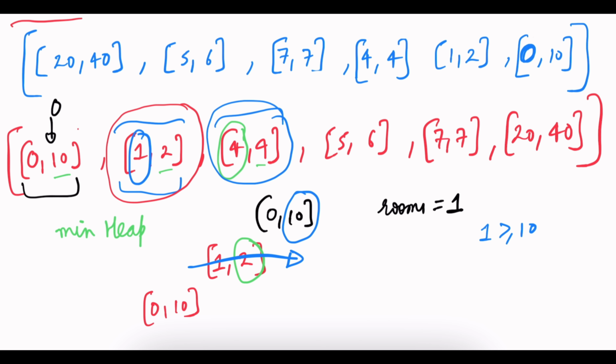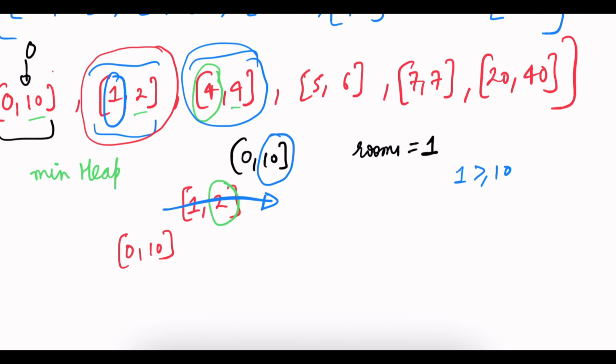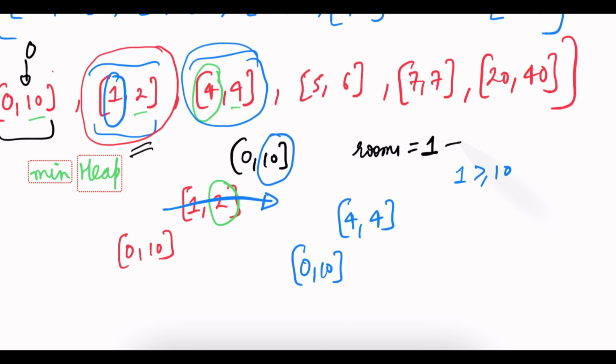So our min heap is going to look something like this: 4, 4 and then 0, 10. And also when we were at the interval 1, 2, our number of rooms got incremented. For this interval 4, 4, 4 is greater than or equal to 2. So what this means, we can simply utilize this room for our current meeting. So that's why we simply pulled out the min element from our min heap and added the current interval to our min heap.